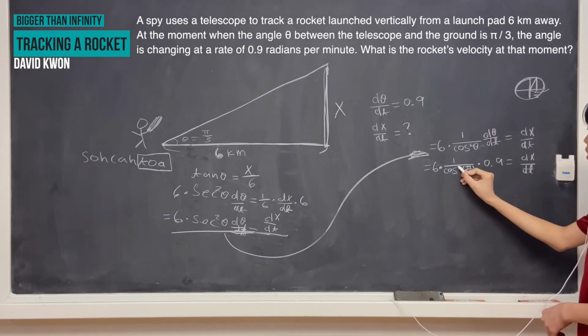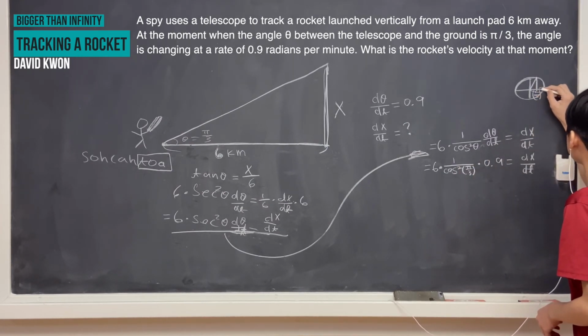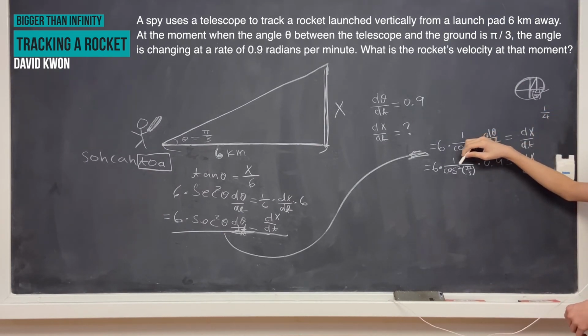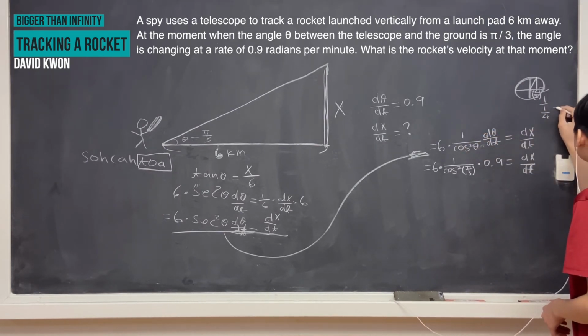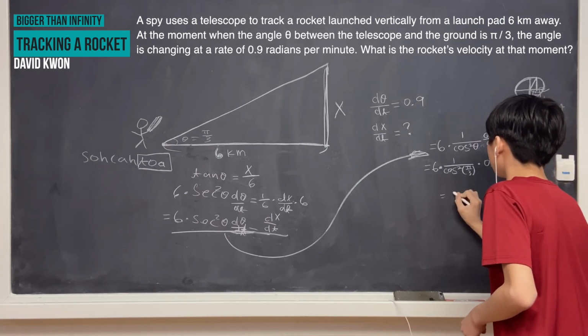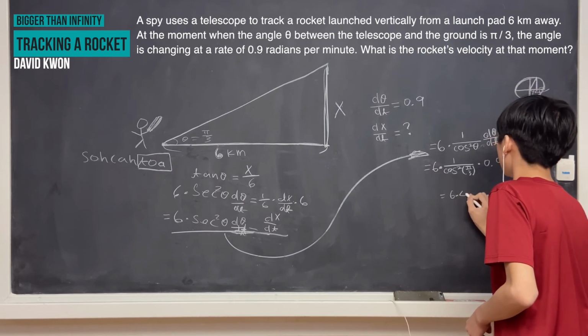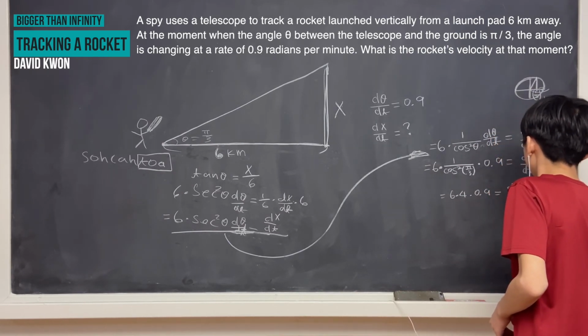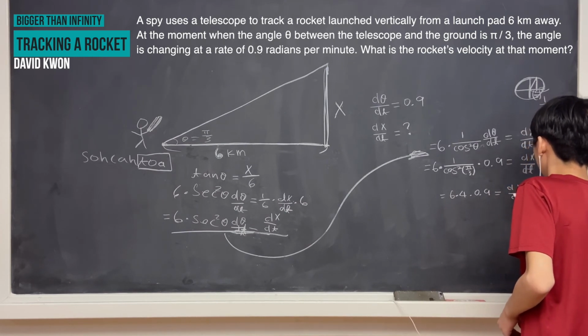But since there's a square, we're going to square 1 over 2 as well, so we have 1/4. But we already have a 1 over, so that gets us to 4. So we have 6 times 4 times 0.9 is equal to dx over dt.